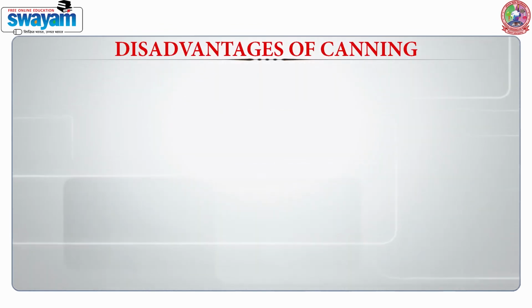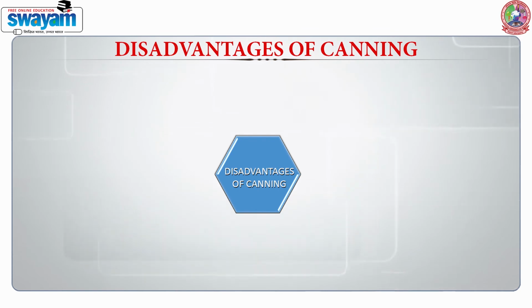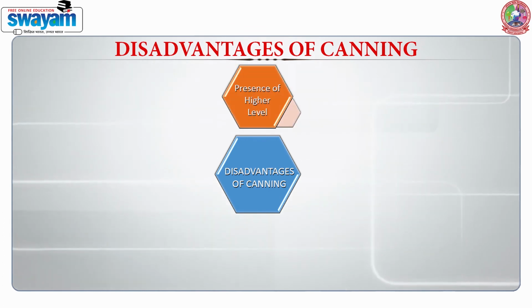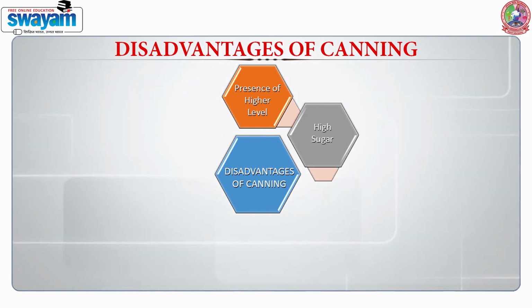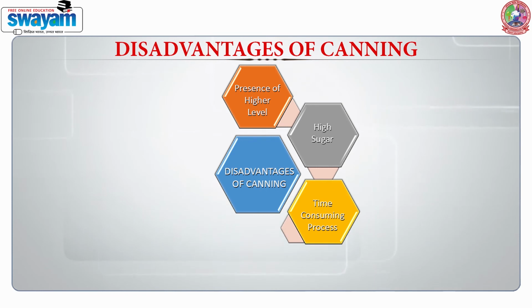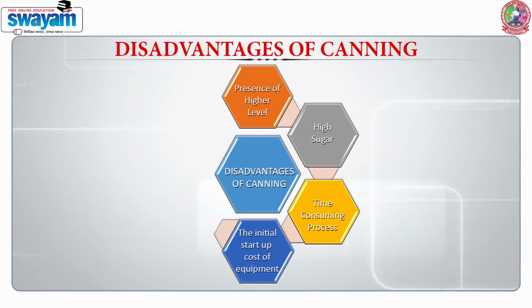However, there are certain disadvantages of canning also. Some prominent examples are the presence of high levels of sodium and sugar, and it is a time consuming process. To start canning on a large scale, the initial startup cost of buying equipment is very high.